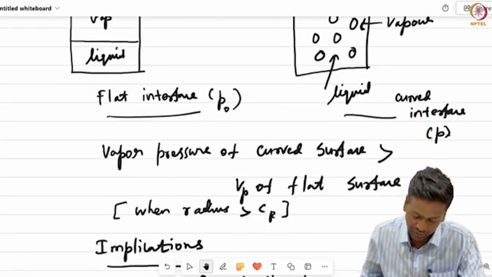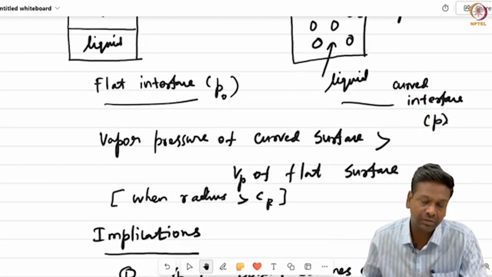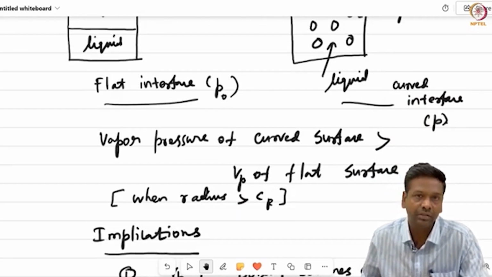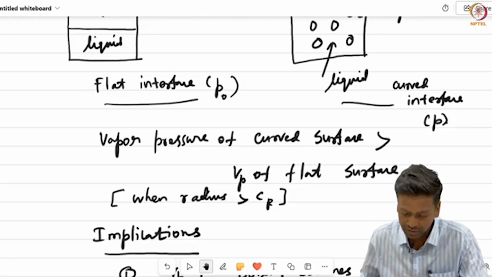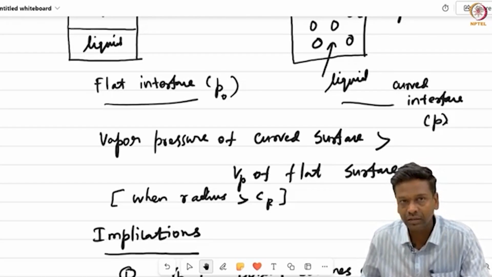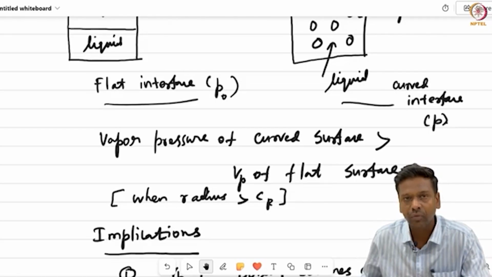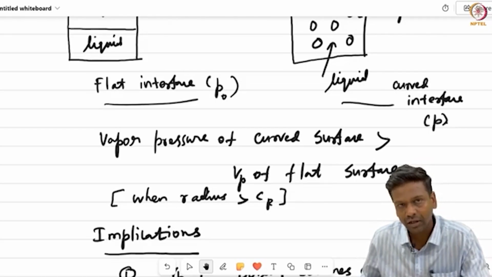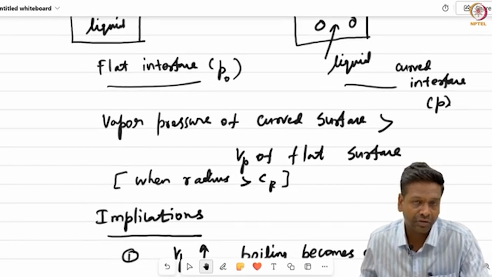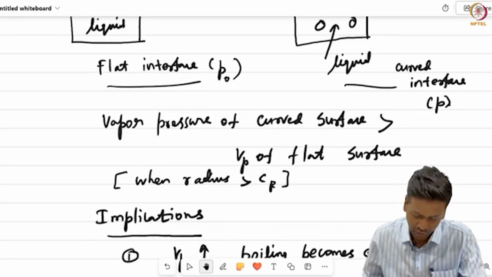Now, we know that because the curved interface brings in some amount of compactness, you can expect the pressure inside the bubble or droplet to be greater than the pressure at the flat interface when similar conditions prevail, right?